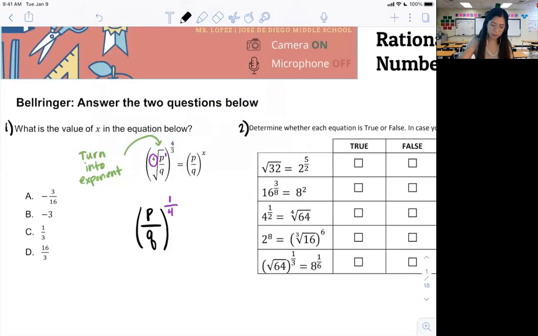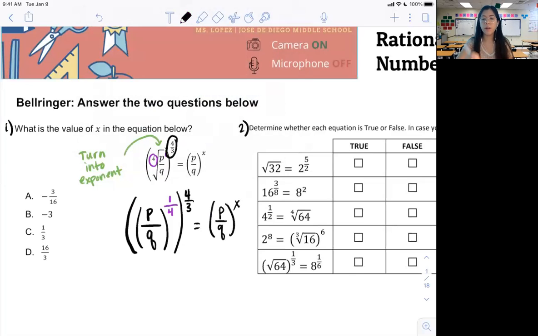But then I have this other exponent. So I'm going to add even more parentheses and bring that exponent down. Okay, so let's take a look at what's happening here. What we did is we turned the radical into an exponent. Now, what do I have? I have 2 exponents. I have 1/4 and then I have 4/3.